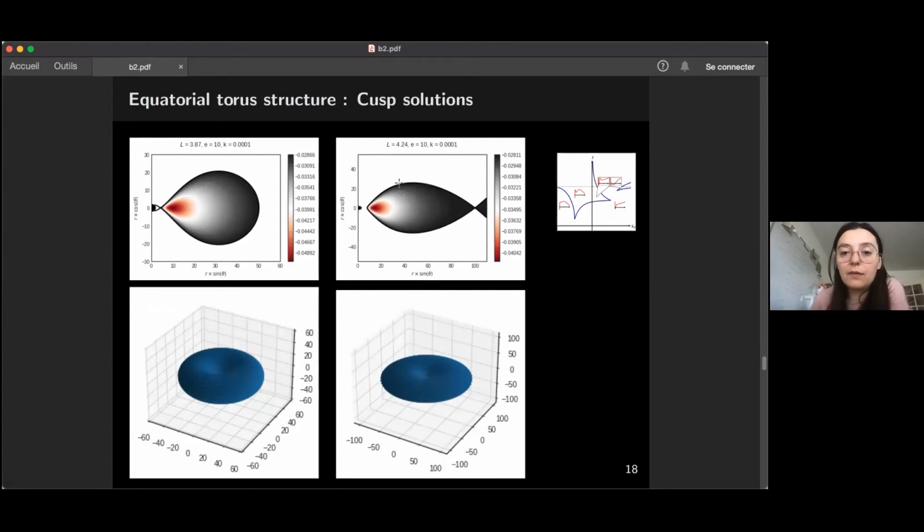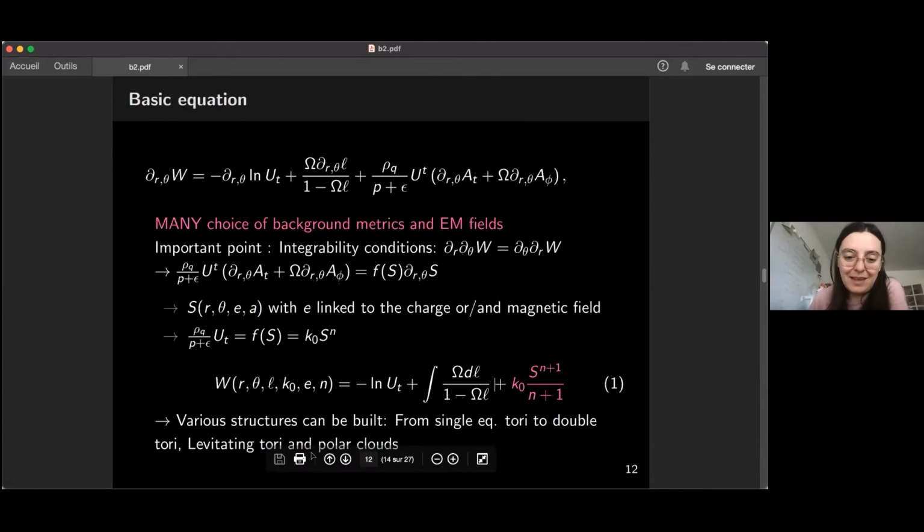And we also have this outer accretion solution, where in the effective potential, in the equatorial plane, the outer cusp point is filled before the inner one, and then we could have matter which flows in the outward direction. Okay, so this is for the equatorial torus again.